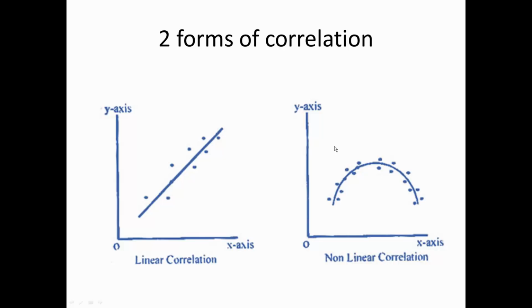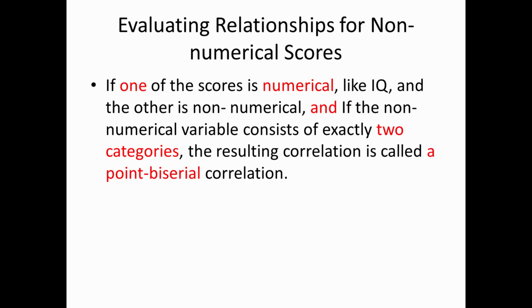This is another, more exaggerated example, where after a specific point the correlation changes direction and becomes negative. The Pearson correlation is used when both variables are numerical. In other words, if we have numerical scores for both variables.